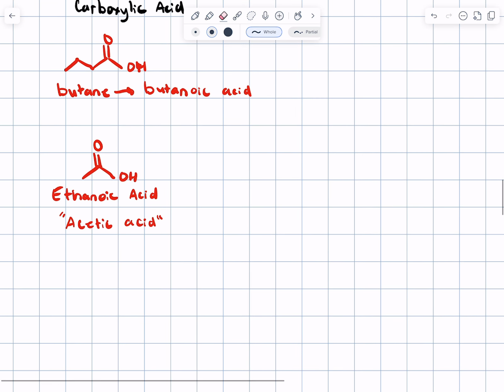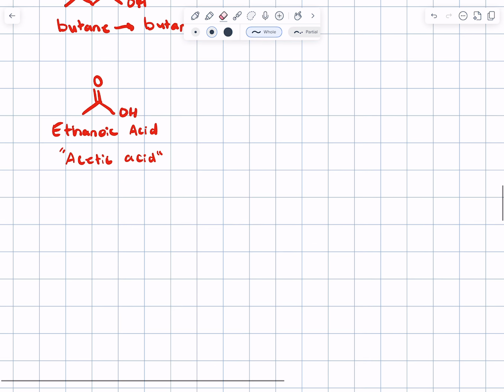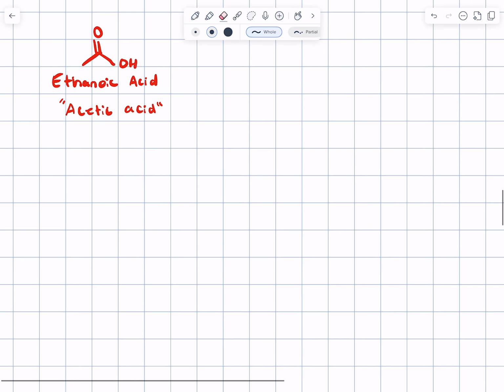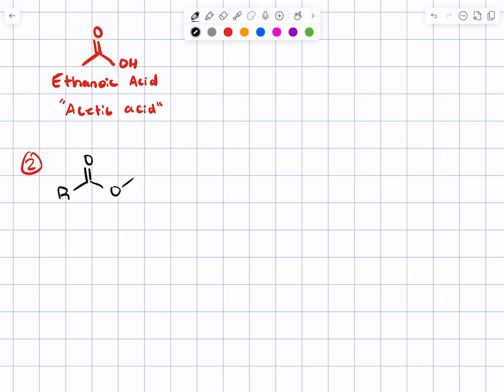Okay. So that's our highest priority functional group. Next, we've got a fun-looking priority group. This is where we have an R group. By the way, as I'm writing this, do we know what an R group is? Are we comfortable with that?